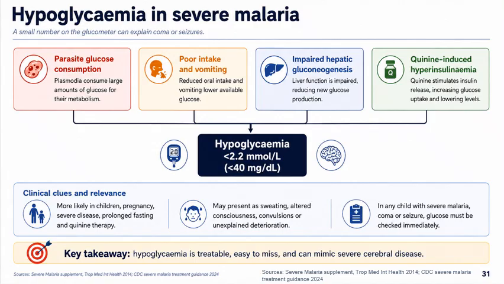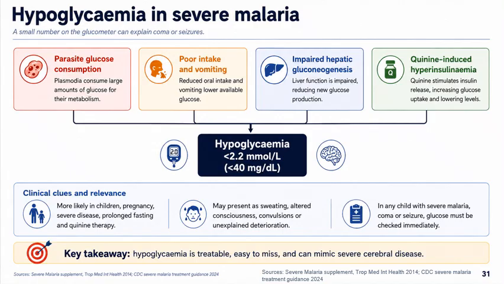Hypoglycemia is another common, treatable, but easy to miss complication of malaria. Parasites consume glucose. The ill child has poor intake and may be vomiting. Hepatic gluconeogenesis may also be impaired, and quinine, where it is used, can stimulate insulin release. The threshold shown here is below 2.2 millimole per liter or below 40 milligram per deciliter.